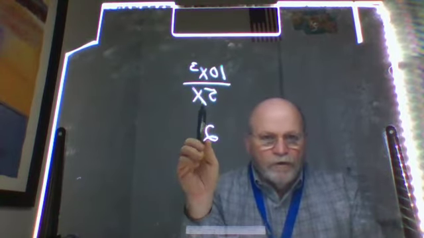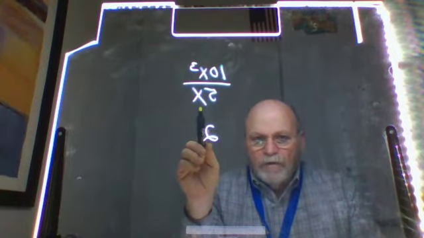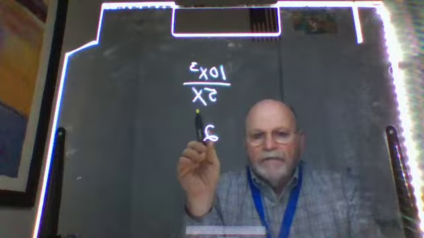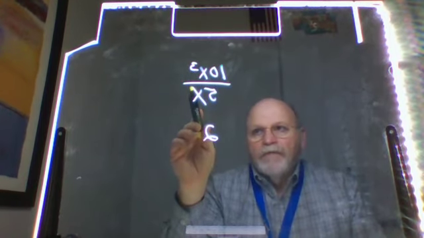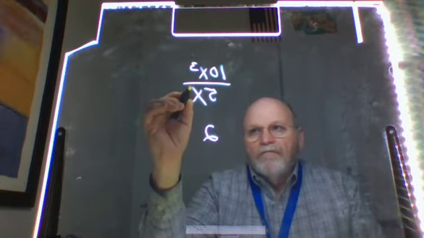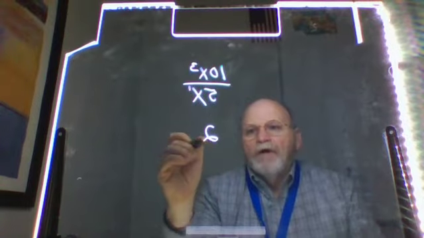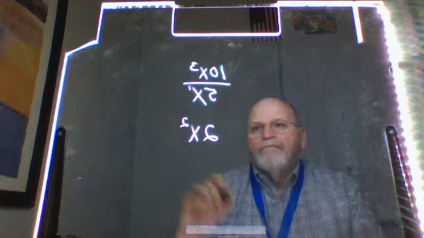Remember the quotient rule says we subtract exponents when we are dividing, numerator minus the denominator, right? So 3 minus 1, because that is x to the first power, right? So 3 minus 1 gives us x squared.